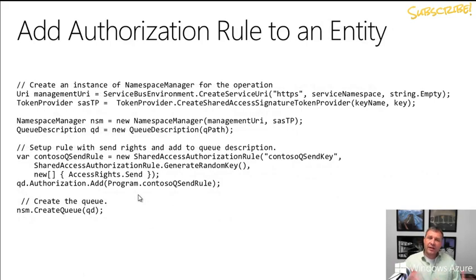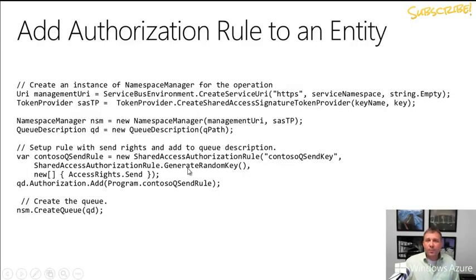On the entity, you're inside the Windows Azure Service Bus SDK, so that's easier. You can use the namespace manager and create a new queue description or get one, and then you can create one of those shared access authorization rules, with a unique key name, unique within that particular description. You generate a new key, and then that confers the send right.